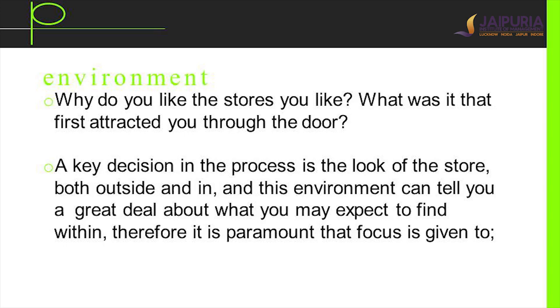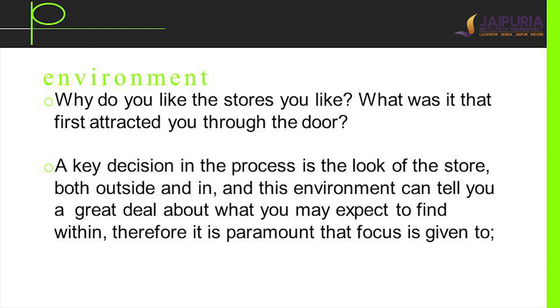So let us come to the 6 basic elements which talk about how we should design our visual merchandising strategy. First is environment. Environment is about what you like about the store, and what first attracted you through the door. Once you are entering the store, what was the first thing that attracted you?